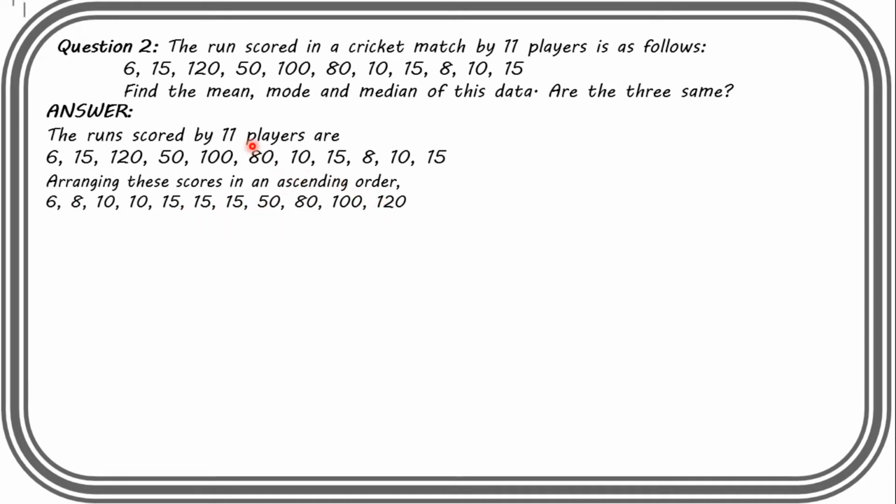First we need to find the mean. We know the formula of mean: we add all the observations and divide by the number of observations. So we add all these numbers: 6, 15, 120, 50, 100, 80, 10, 15, 8, 10, 15 and divide by 11.